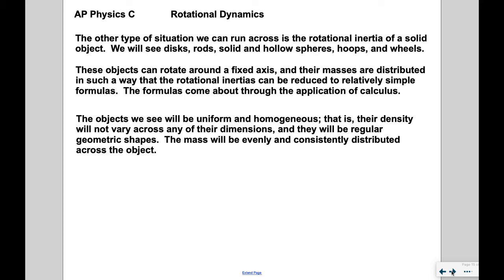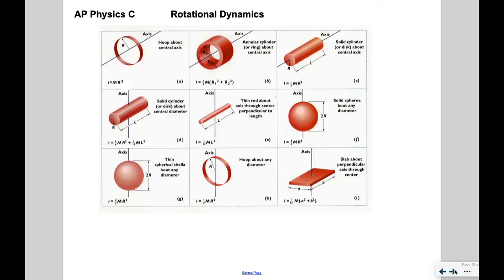The formulas come about through the application of calculus. We can assume that the objects we have will be uniform and homogeneous, so their density does not vary. They will be regular, consistent geometric shapes, and the mass is evenly and consistently distributed across the object.